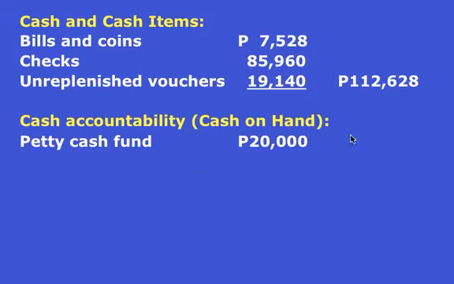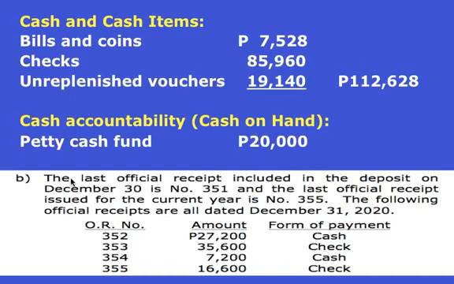Okay, what else? As noted earlier, kasama sa ini-inspect dyan yung undeposited collections. Refer to the additional info, letter B, this one. Yung last OR daw, included in the deposit on December 30 is number 351.